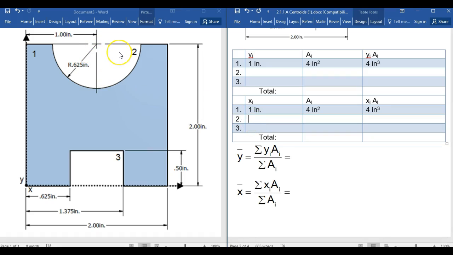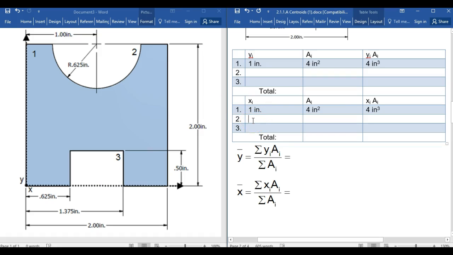The x centroid for a circle is the radius, which in this case is 0.625 inches from here to here. But our x centroid needs to be measured from this y-axis, because we need to know from this origin how far over we have to go and how far up we have to go. The centroid of this semicircle is going to land on this line, which is actually a line of symmetry going right down the center of this whole object, at the 1 inch mark.